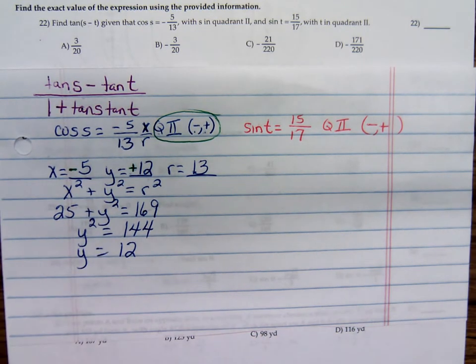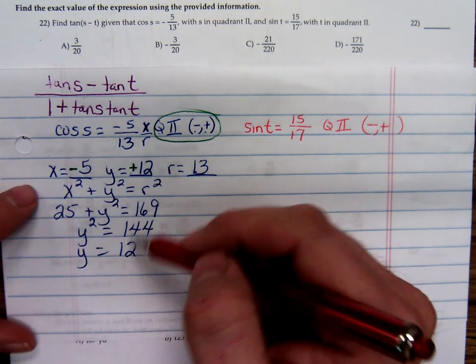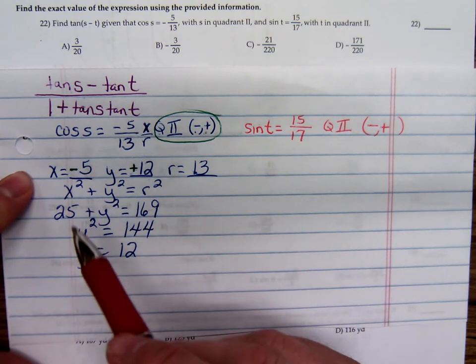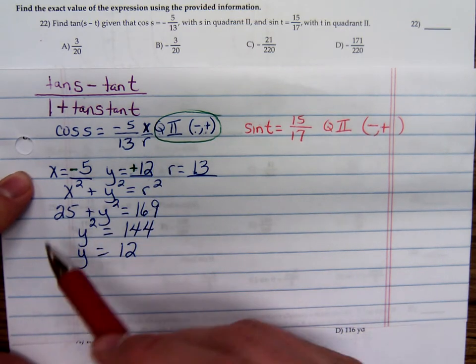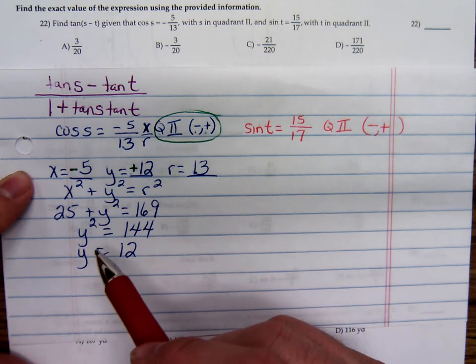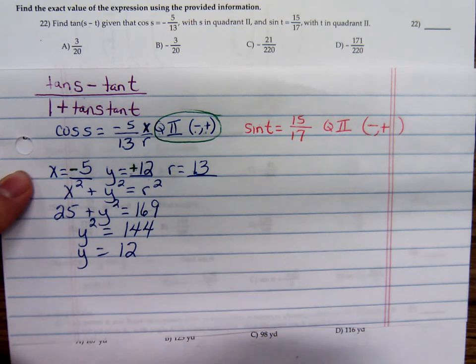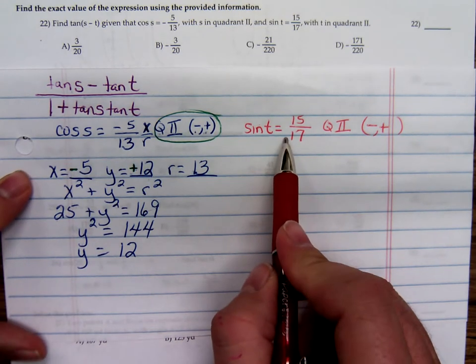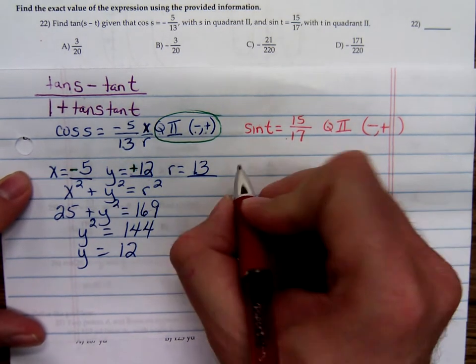When you were doing problems like this in your homework with MyMathLab, if you clicked view an example, instead of doing this, what they would have done is use sine squared s plus cosine squared s equals 1 to find cosine, and then go sine over cosine. I think using the x, y, r definition is a better way of going about it. If you know one trig function and you've got to find another one, the way I've done it consistently all semester is x, y, r.